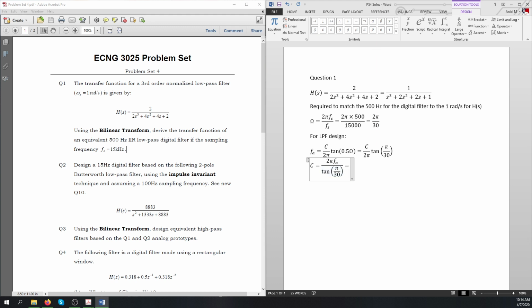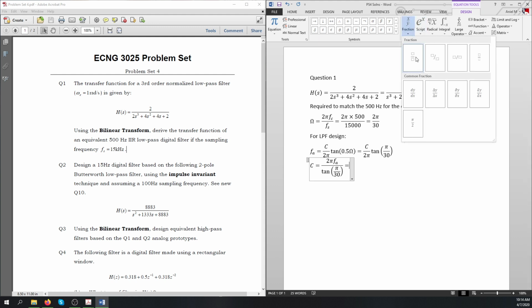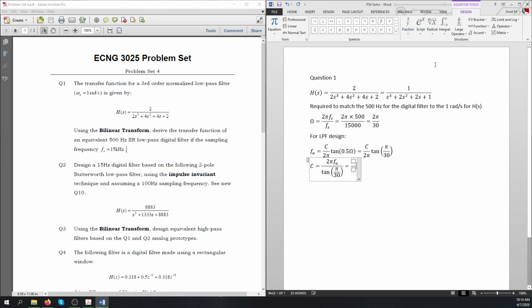And by the time we substitute in our analog frequency, this will end up resolving to 1 divided by 0.105, equal to 9.51.